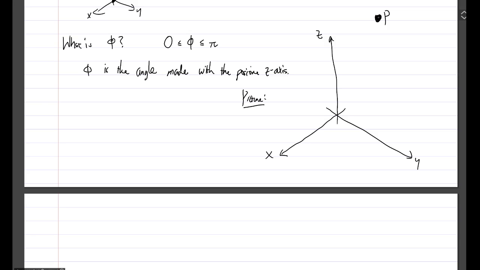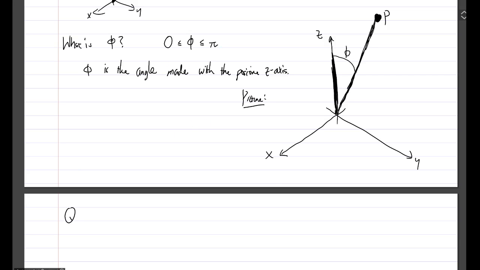But the thing is, this point I'm going to connect using a line segment, which is directly from the origin to that point. Okay, straight line. Then this line segment, together with the positive z-axis, creates an angle. Okay, so the angle between these two here, whatever angle is created, that's phi.